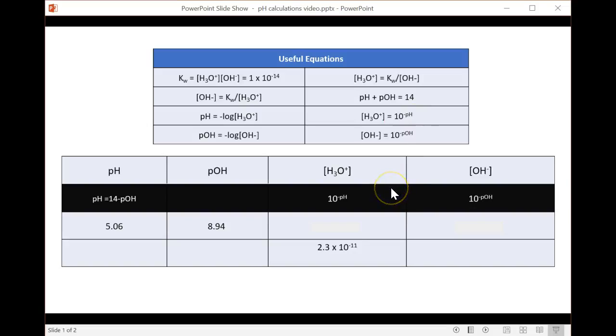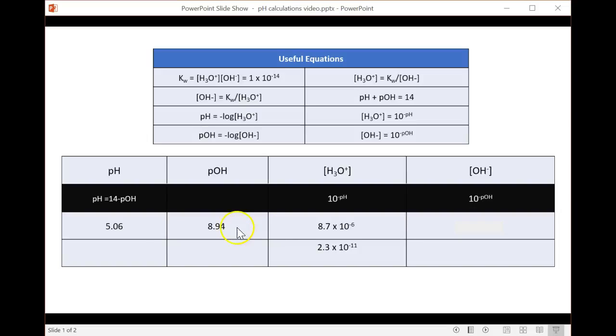Well, the 10 to the x button is usually the second log button. So you hit the second function, then the log button, and then enter negative 5.06, and you should get this value, 8.7 times 10 to the negative 6.